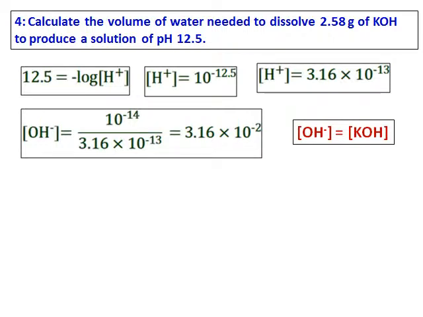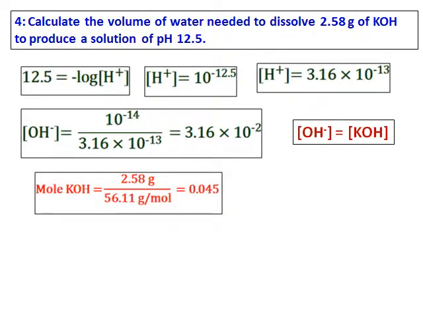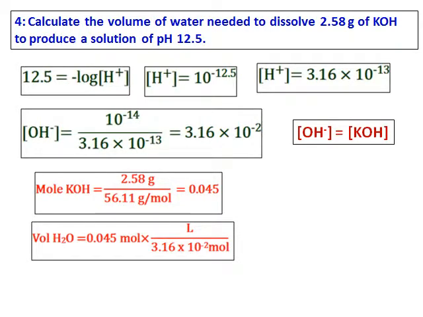So now in this case, they have asked for the volume of water needed to dissolve 2.58 grams of KOH. So using 2.58 grams of KOH, I will calculate the moles of KOH by dividing it by the molar mass. So once I get the moles of KOH, if I divide it by the concentration which I just calculated, the moles will get cancelled and I will get the answer in liters.